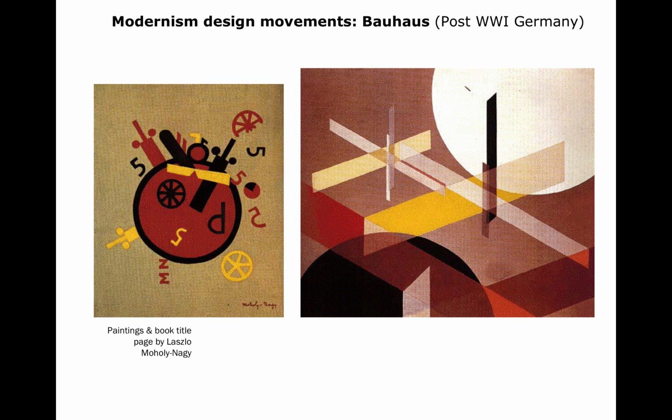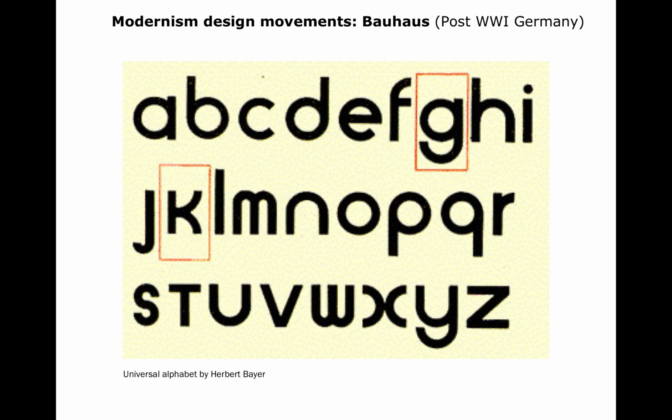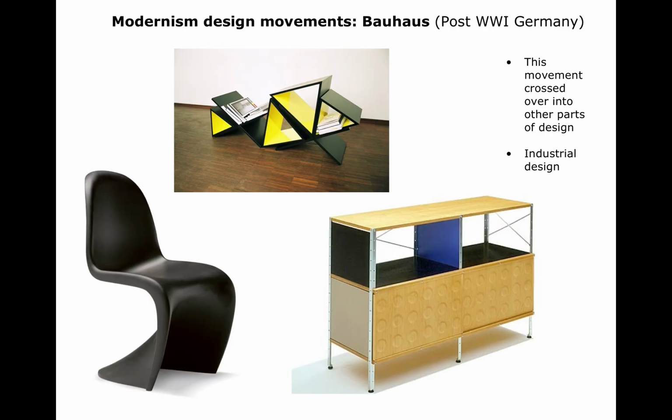So you can see in these examples the pure geometry that we're talking about, even in some of the typefaces. If we look at this universal alphabet here, why would we consider this universal font a Bauhaus font? It's that pure geometry in place. And this movement crossed over into other parts of design, including industrial design.